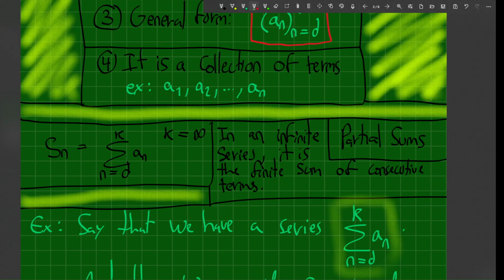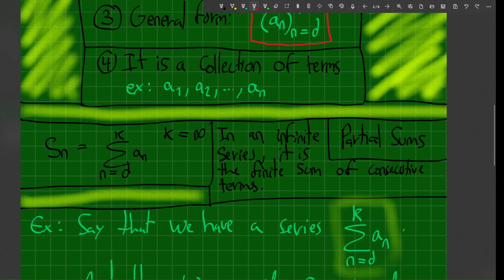So let's see. An infinite series is where you say the beginning, so the iteration at which the sum begins, and you don't give it an upper bound. So you say it starts here and it goes ad infinitum.